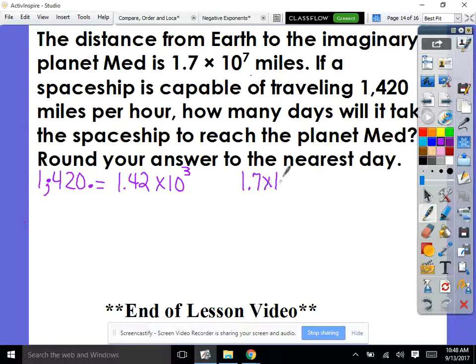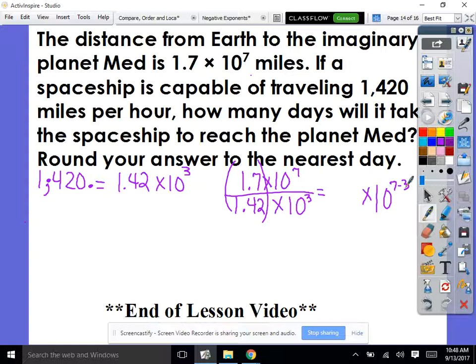1.7 times 10 to the 7th divided by 1.42 times 10 to the 3rd. And we're going to group these together. So we know times 10 to the 7 minus 3. We're going to use a calculator on this one because I don't want to do a lot of long division.